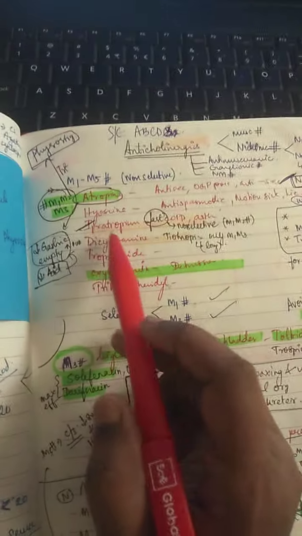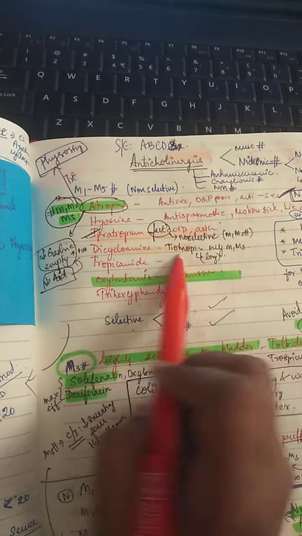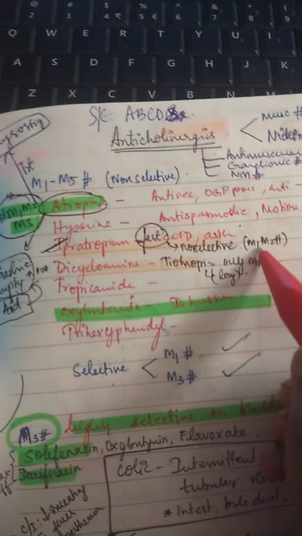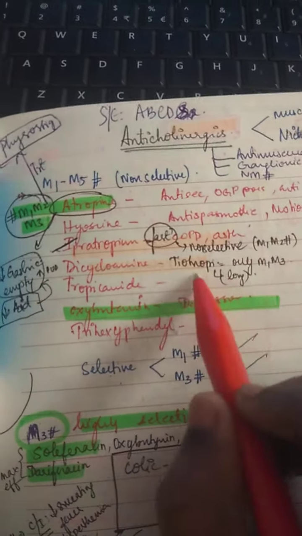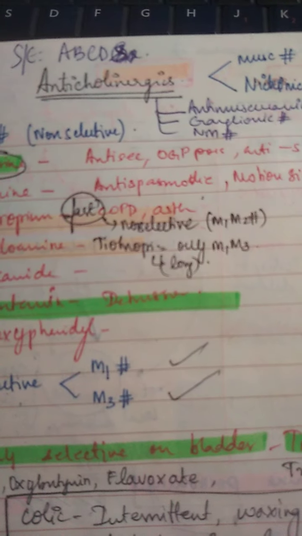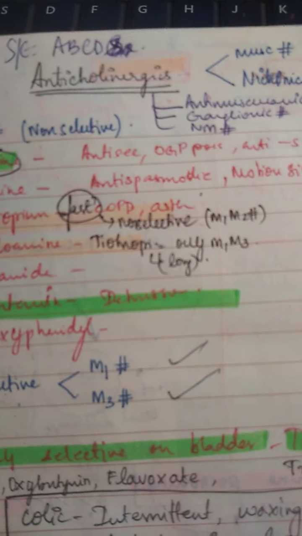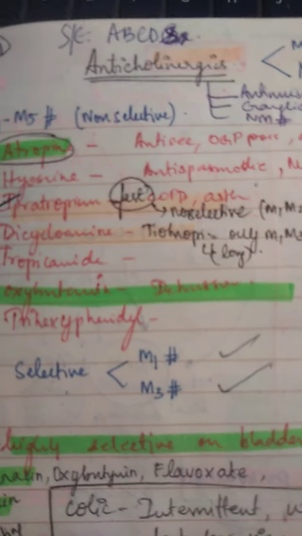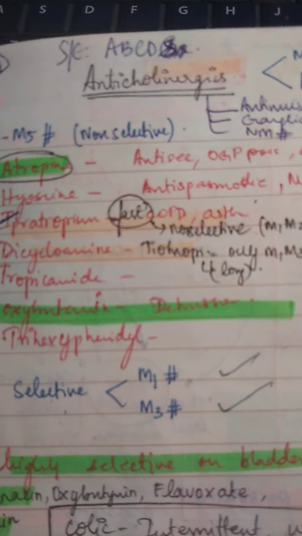If we talk about the next drugs, ipratropium and tiotropium. Ipratropium is a non-selective drug, but it acts mainly on M1 and M2. Tiotropium acts on M1 and M3, and tiotropium is the longest-acting drug.